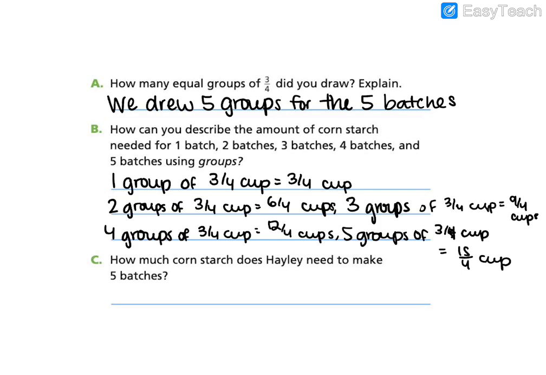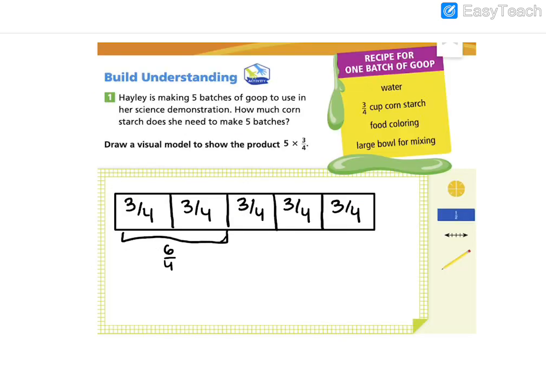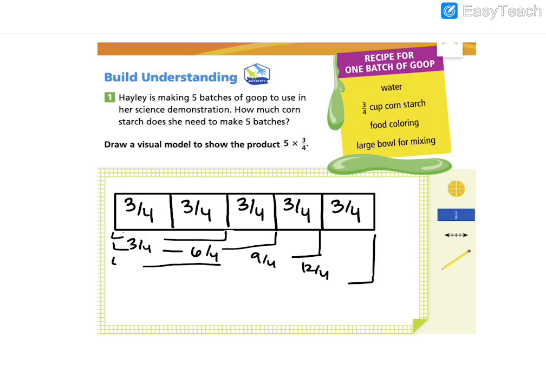Now, if you couldn't fit all of that, that's okay. It didn't give us a lot of space for that one. So it's asking us in total, right? We had 3/4, and then in 2 batches, 6/4, and then in 3 batches, 9/4, 12/4, and finally, in all 5 batches, 15/4.